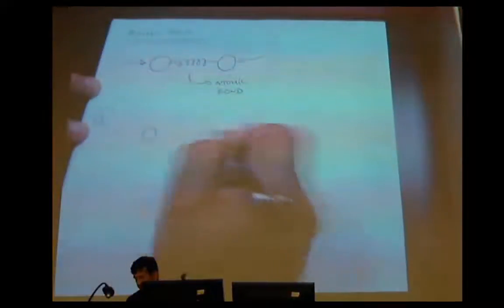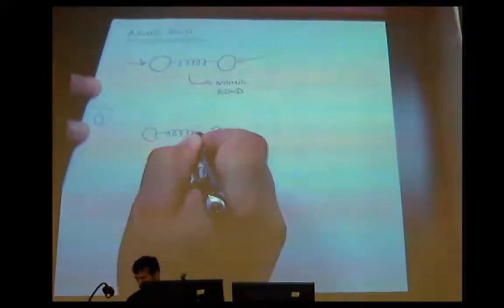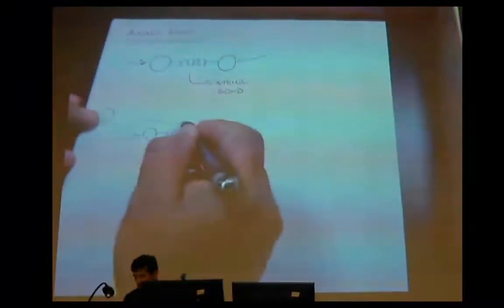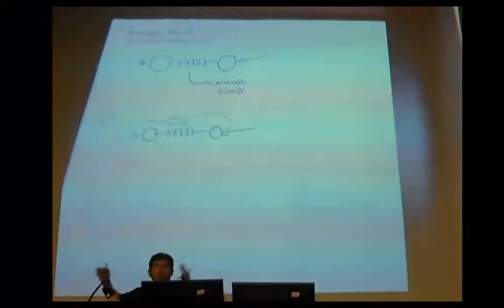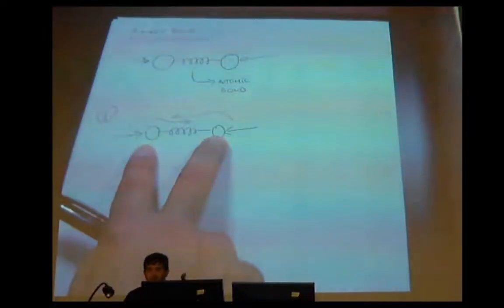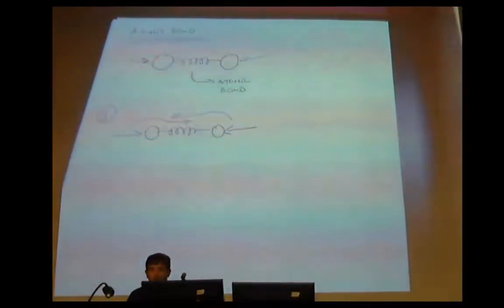One way is this. You have the two atoms with the atomic bond. One way is actually to let the forces run through the atomic bond and keep passing on, such that this atomic distance doesn't change, such that this atomic bond is not altered.